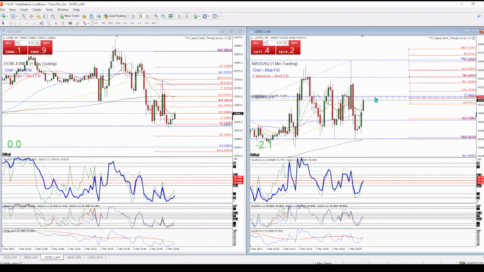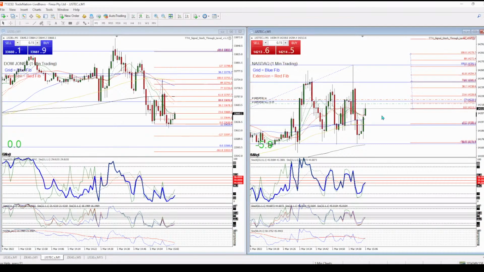I'm long. Stochastic back down through 38.2. I'll take a stop.